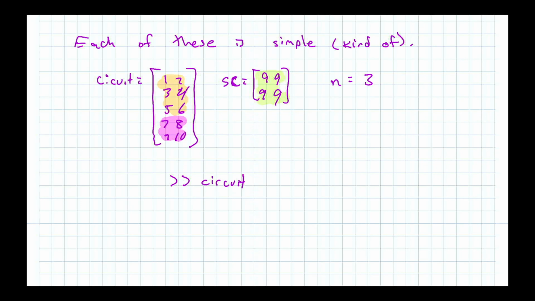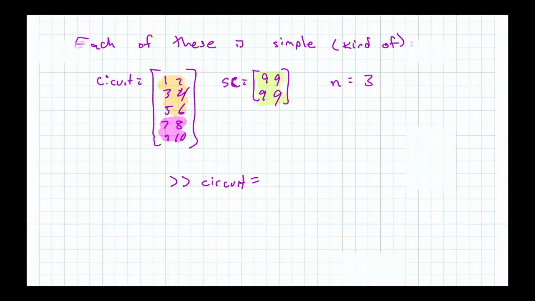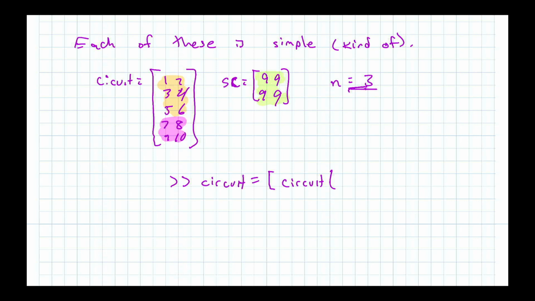what your circuit would be, your new circuit would be, you would need, what would you need? You would need circuit, but if n is 3, you only want 3 rows. So how do you get 3 rows of circuit? Well, the way you get 3 rows from circuit is you say row 1 to n, which is 3 for rows, and then you say every column.